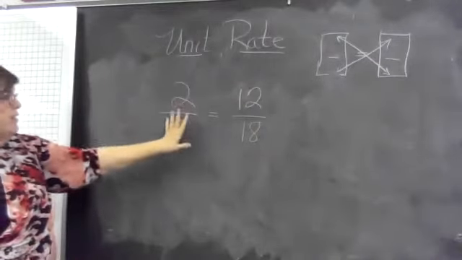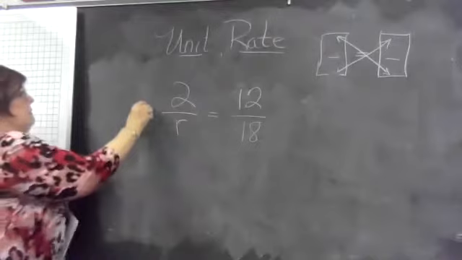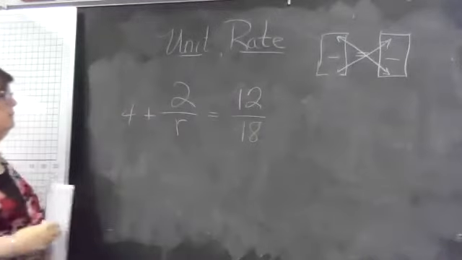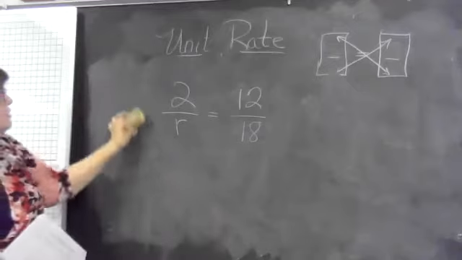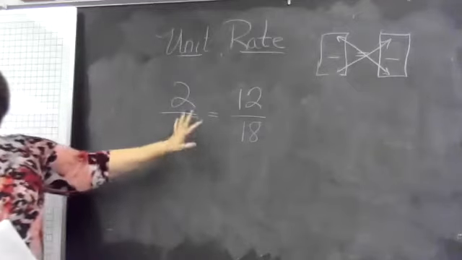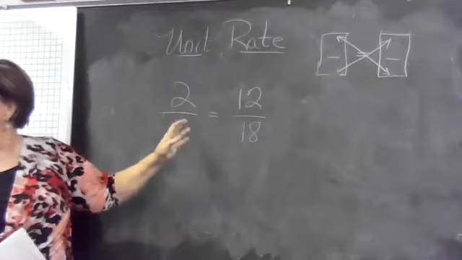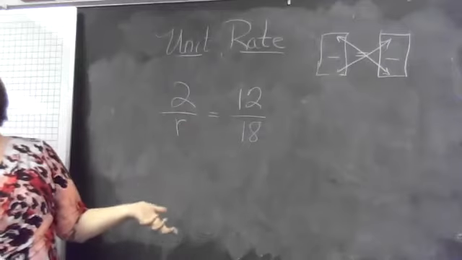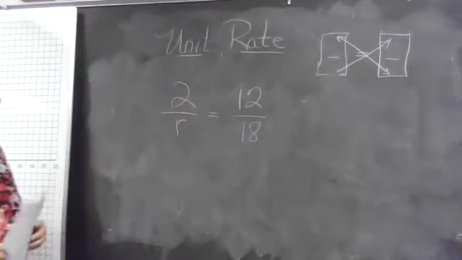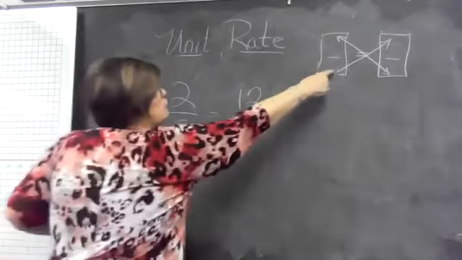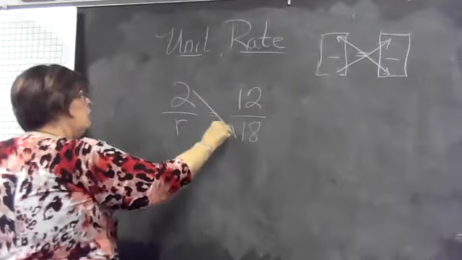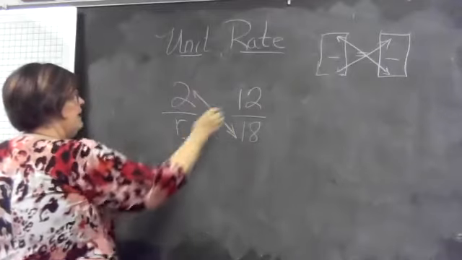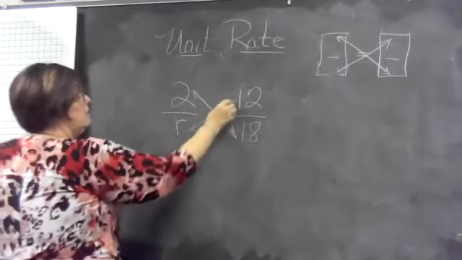Make sure there's nothing extra like +4, okay? Nothing extra, just one fraction equal to another fraction. If it is a proportion and they want you to solve it, they want you to solve it so it's true, okay? So what we know about a true proportion is if we multiply here, we will get exactly the same answer as if we multiply here.